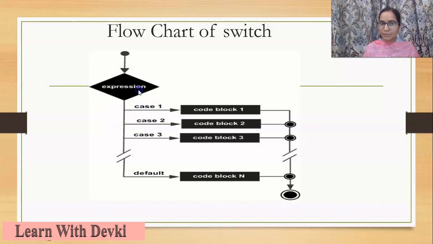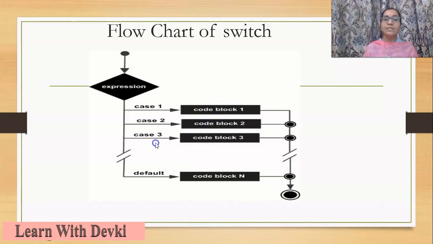If the expression's value matches with the case 1 value, then the code block of the first case will be executed and control will move out. If it does not match with this, case 2 will be checked and its block will be executed and it will come out.